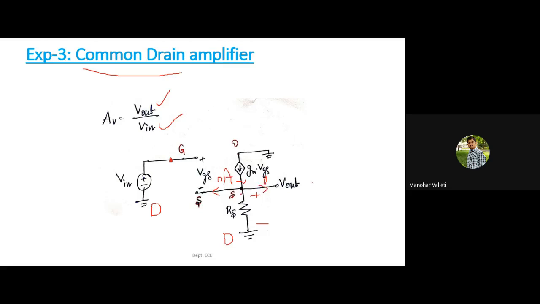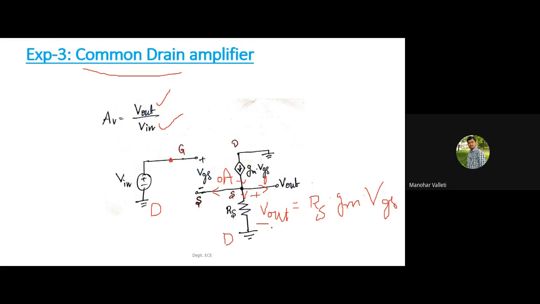So the total gm VGS will flow here only. The voltage drop across RS is Vout, so Vout is equal to RS into gm VGS. With the help of this equation, we will do the further derivation.